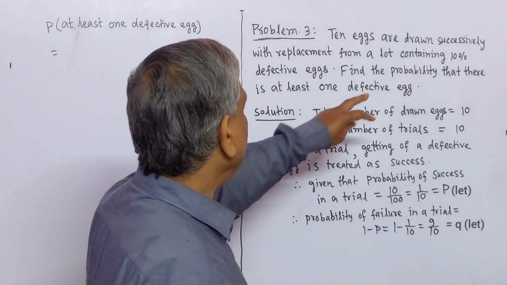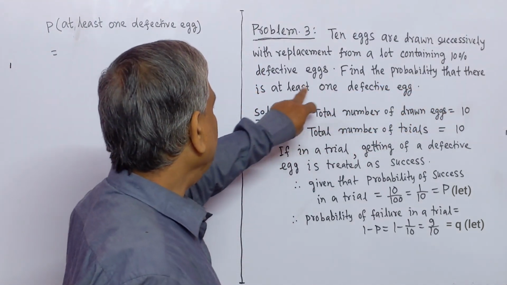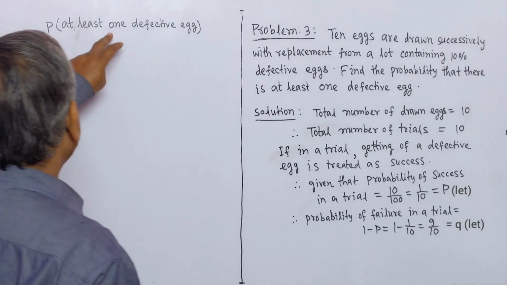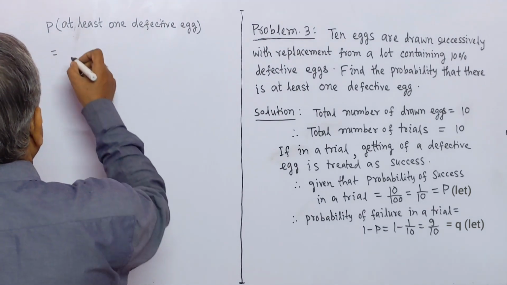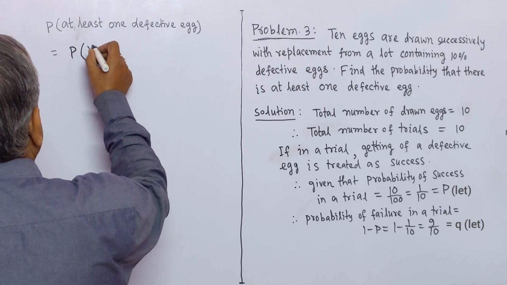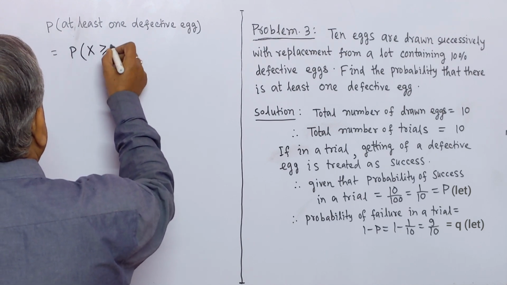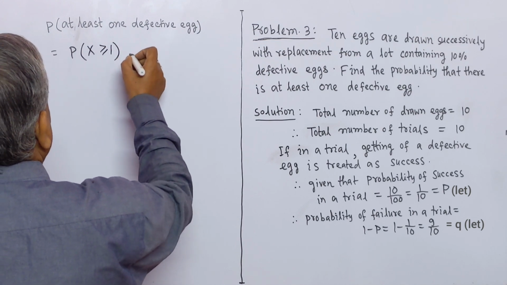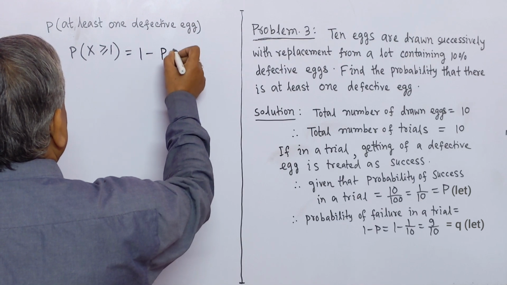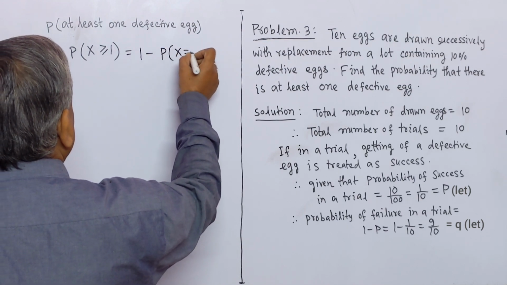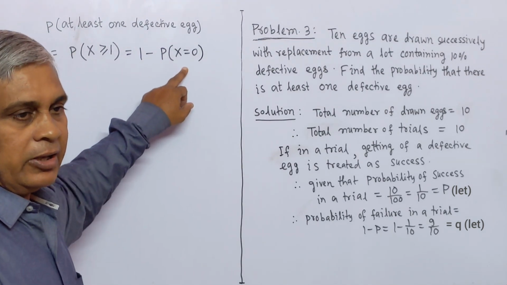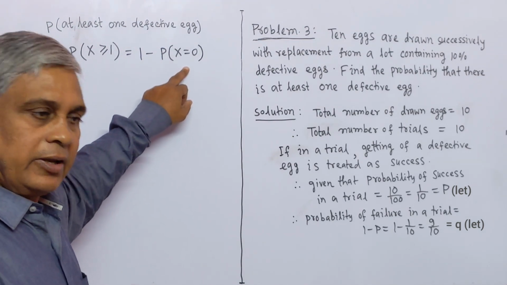Now, we have to find the probability that there is at least one defective egg, that is probability for at least one defective egg. This means probability for x greater than or equal to 1. And this is equal to 1 minus probability for x equal to 0. We have already told this in the beginning.